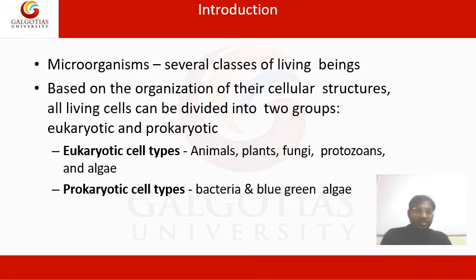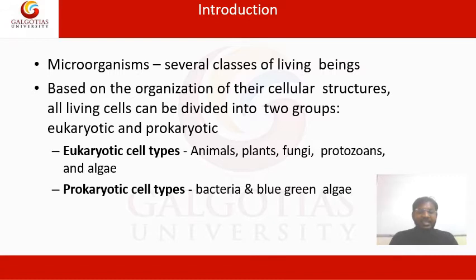In the introduction, microorganisms are several classes of living beings. We have a number of microorganisms, all the viruses, cocci, bacilli present in the environment. Based upon cellular structure, scientists divided them into two groups, eukaryotic and prokaryotic.